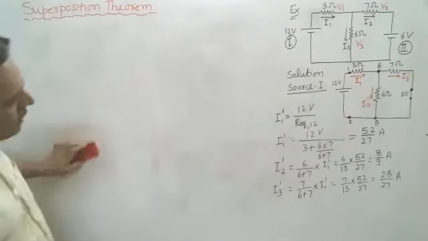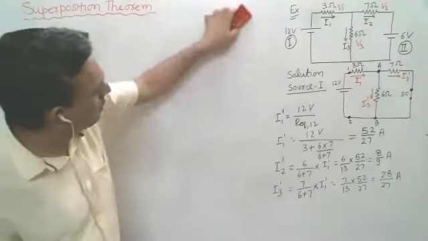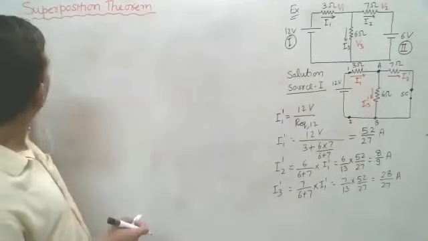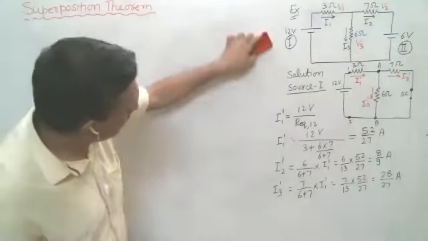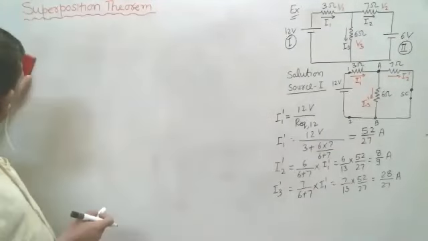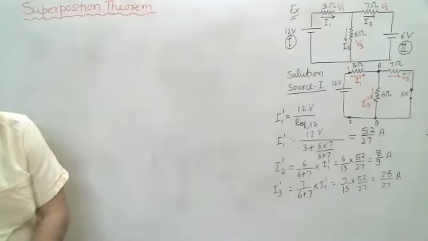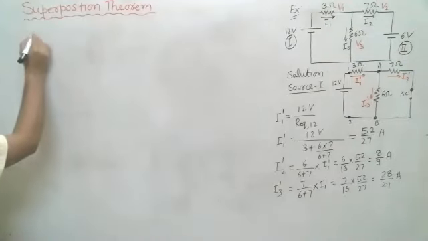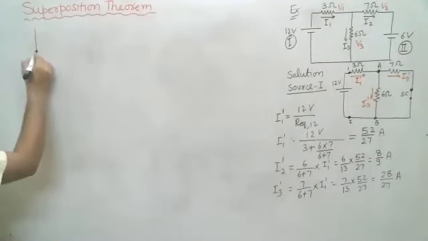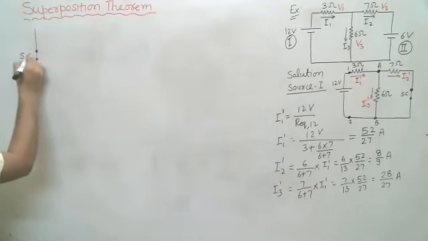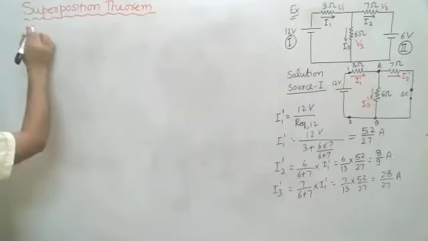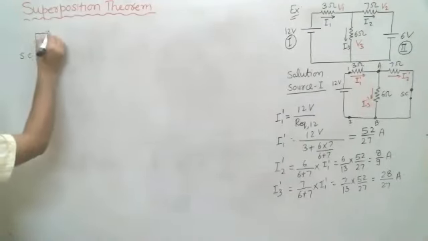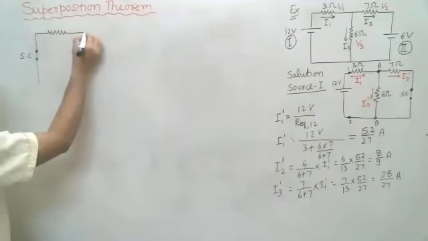Now you have to find current through the second source. So redraw this circuit. Now source 1 is short circuited. Okay? And this will be 3 ohm.